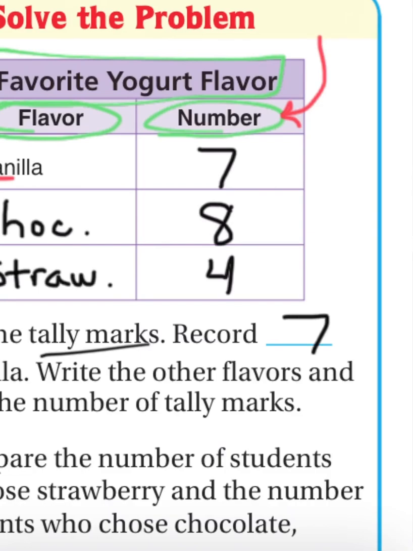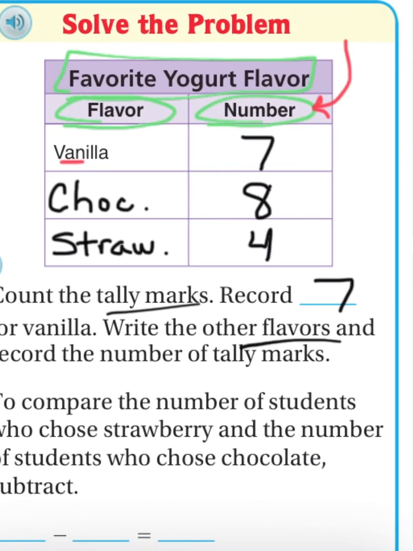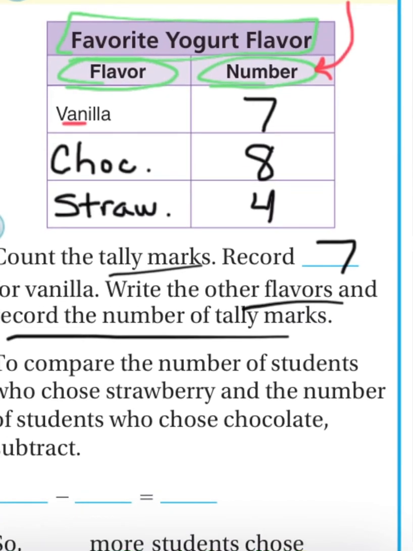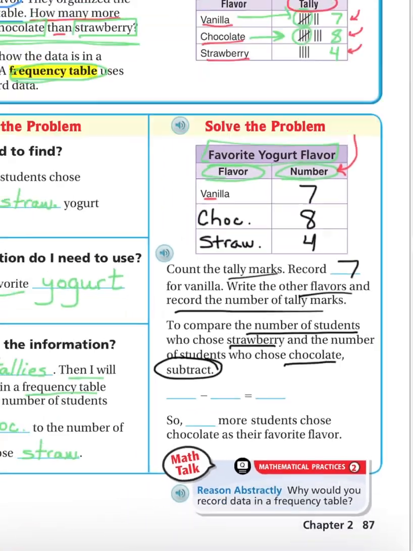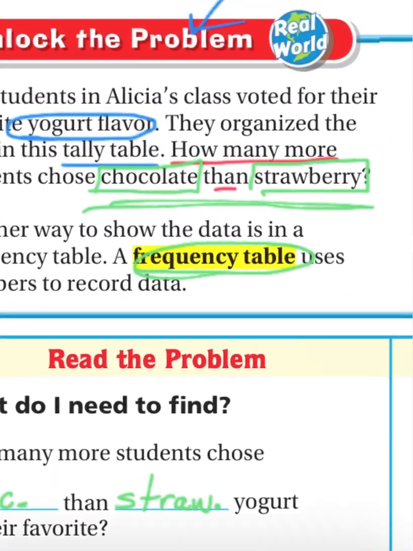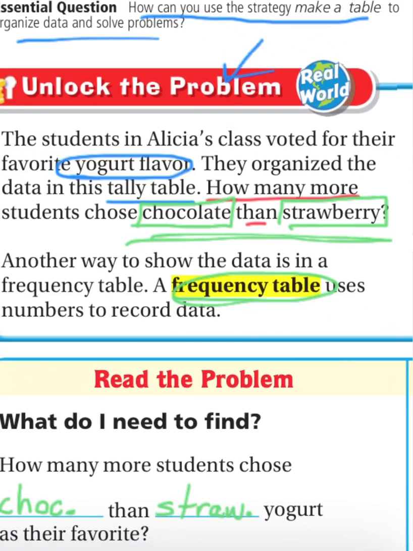That was 7. Write the other flavors and record the number of tally marks, which I've already done. To compare the number of students who chose strawberry and the number of students who chose chocolate, we need to subtract, and we covered that right up here, where it said how many more students chose chocolate than strawberry.